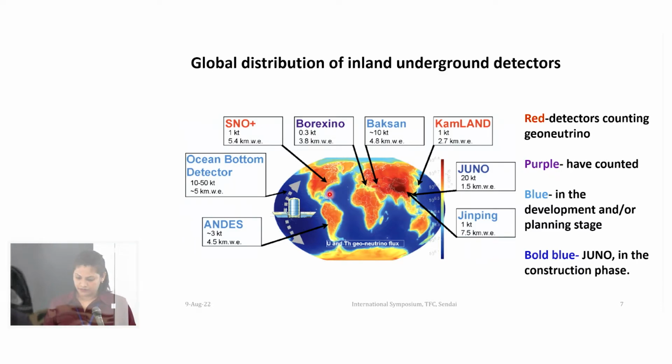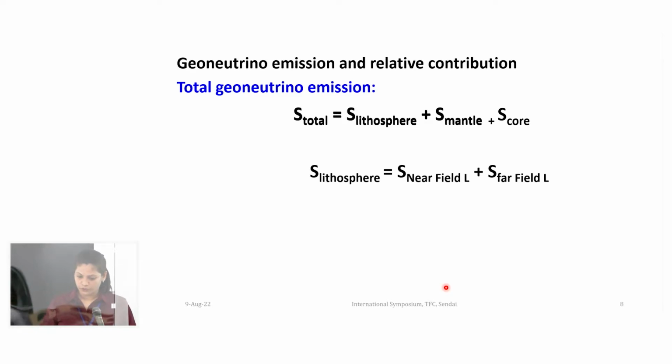And in the last talk, Hiroko-san was also talking about the implication of having ocean bottom detectors. If that is developed in future, then we will have an even better estimate of the mantle heat. So what I want to emphasize here is that the Geo Neutrino emission total estimate is essentially made of three components: lithosphere, mantle, and core.